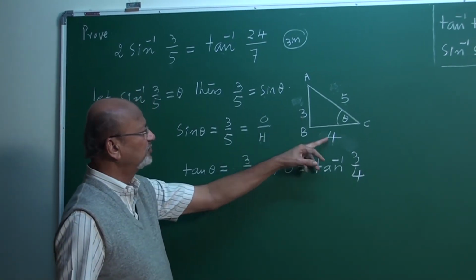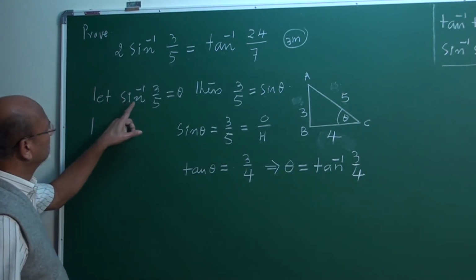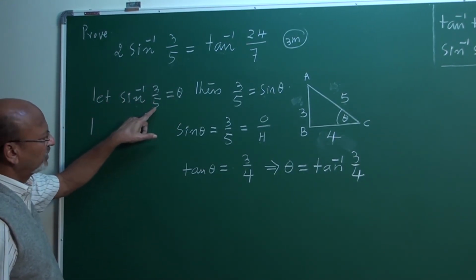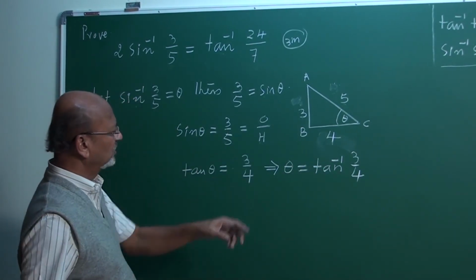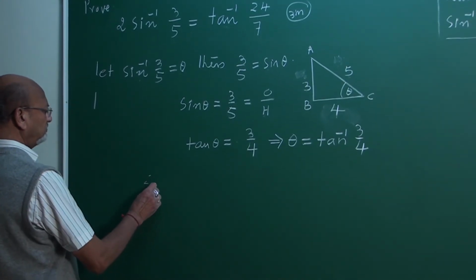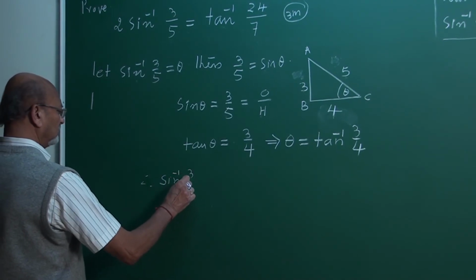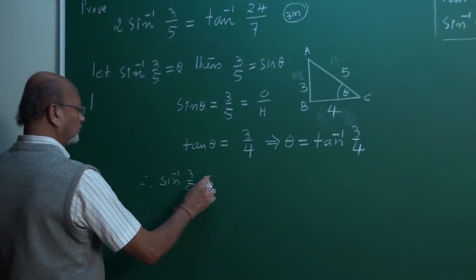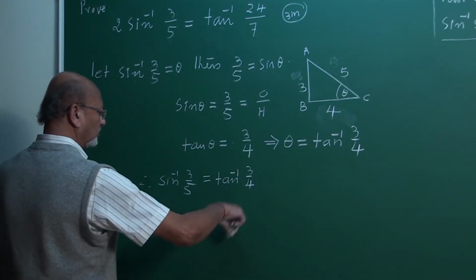Tan is opposite upon adjacent. Theta is sin inverse 3 by 5, and theta is tan inverse 3 by 4. Both are equal to theta. Therefore, sin inverse 3 by 5 equals tan inverse 3 by 4.